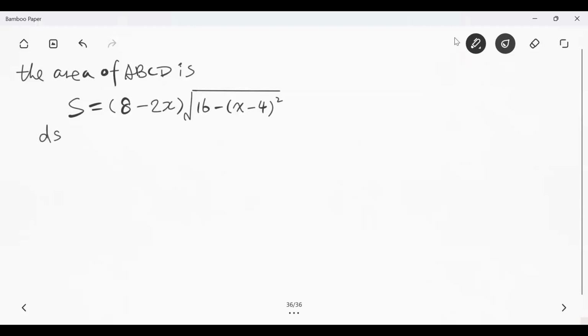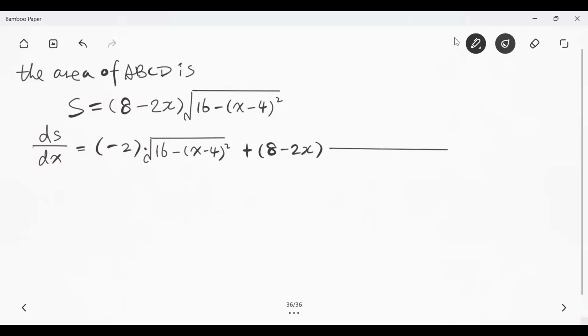At first, find dS over dx. So use the product rule, right? The derivative of the first factor is -2, and copy the second function, the square root of 16 minus (x minus 4) squared, plus keep the first function original and find the derivative of the radical.